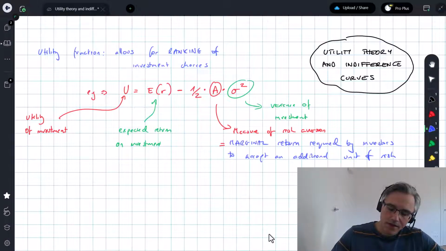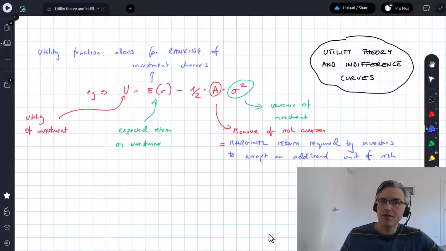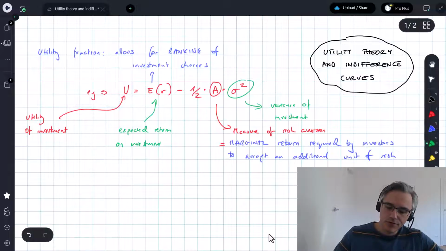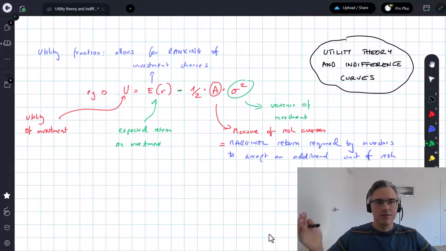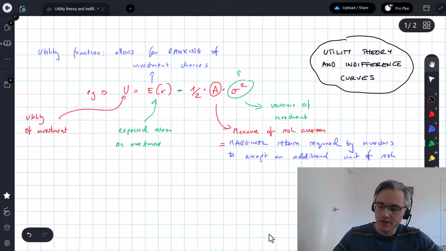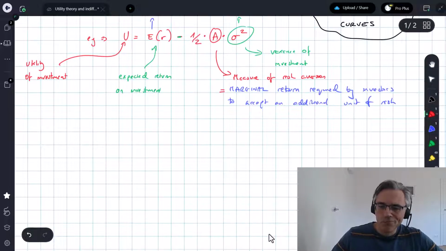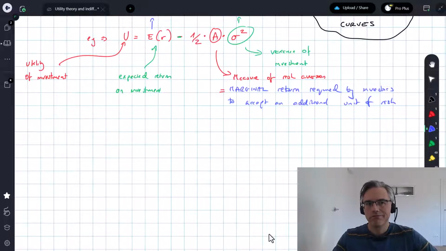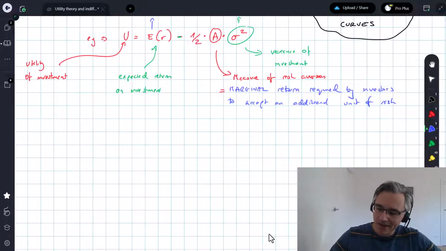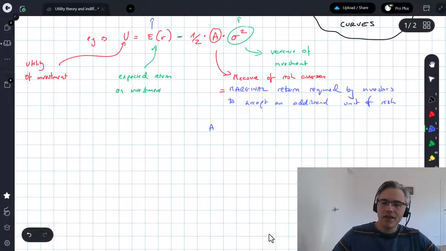Okay, in the sense, how much additional expected return does an investment need to give or produce for it to counterbalance the fact that there is additional risk in it. Now, you'll be given the A, don't worry about having to make it up in some way, and you'll be given the function, but I would expect it to look like this because this is what they consistently use across all the examples.